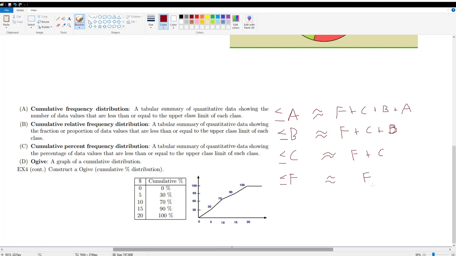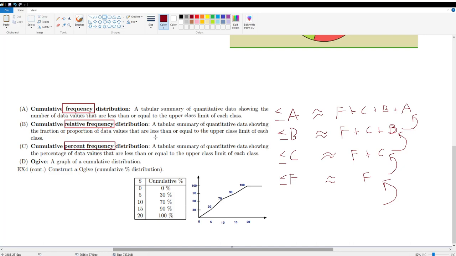Notice you can do a shortcut. If you compute the cumulative frequency of F's, all you have to do to get the cumulative frequency of C's is add the C's. To get the cumulative frequency of B's, just add the B's. And for the cumulative frequency of A's, you then add the A's. There's a web work problem like this, but pay particular attention to whether it's just frequency, relative frequency, or percentage frequency.